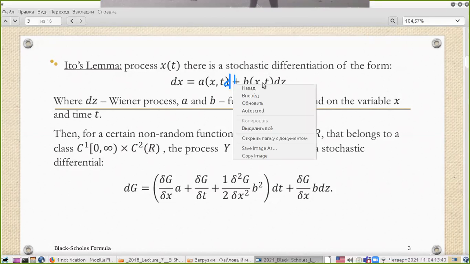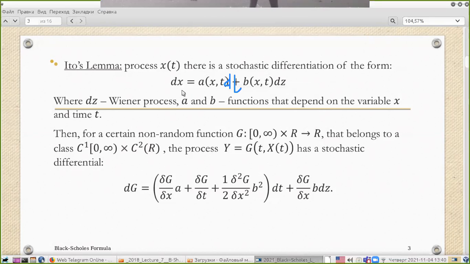So x is a stochastic process or diffusion process, and on the left side you see dx, a differential of the stochastic process.